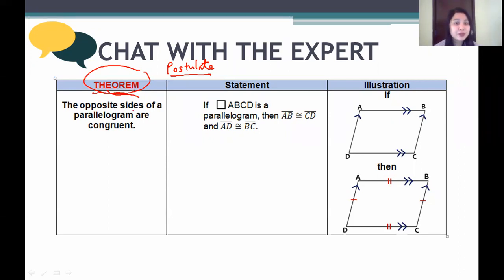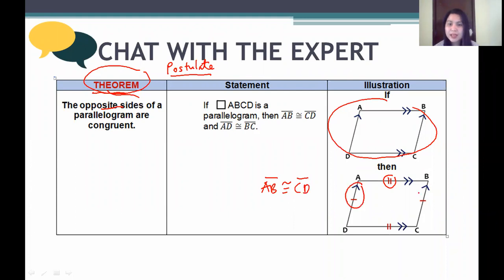The first theorem states that opposite sides of a parallelogram are congruent. So for example, if ABCD is a parallelogram, then the opposite sides, AB is congruent to CD, and AD is congruent to BC.